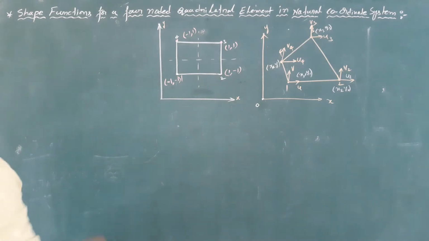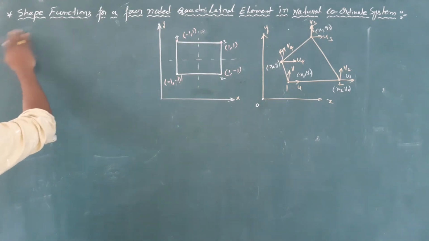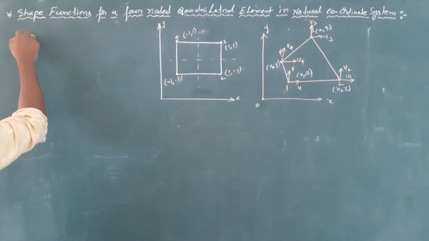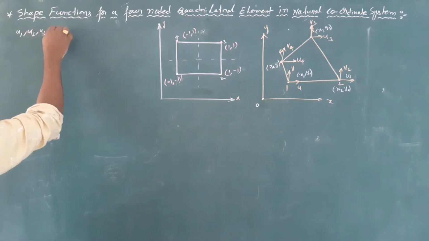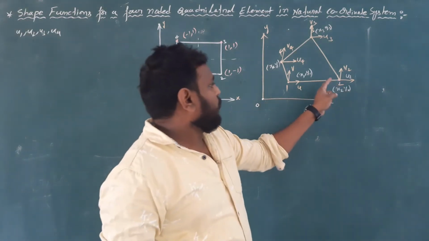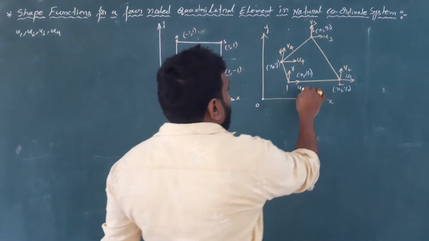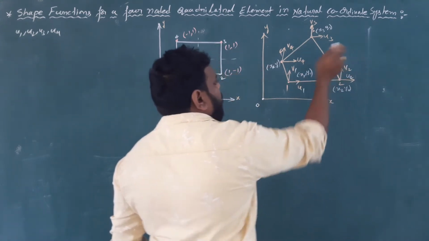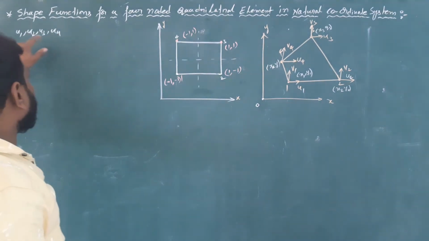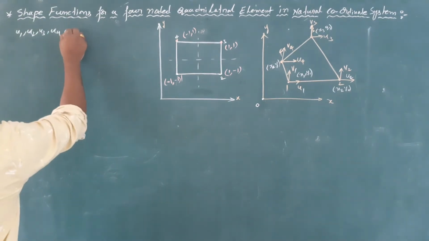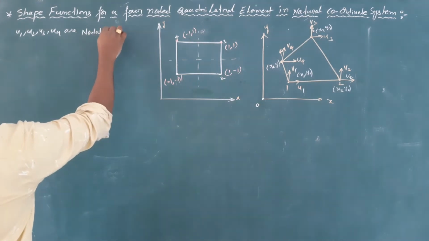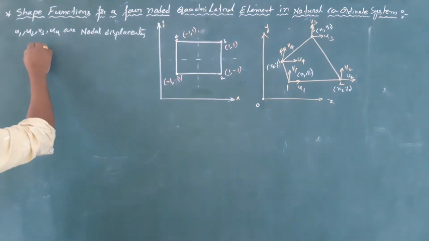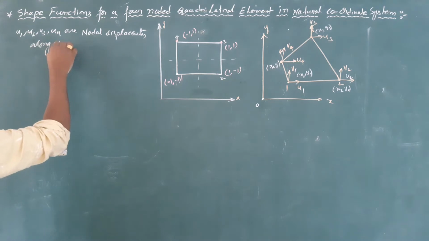Now we know the relation between the displacement and shape functions. Here u is the entire interior displacement. u1, u2, u3 and u4 are the nodal displacements along the x direction.